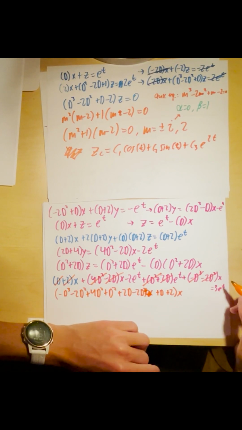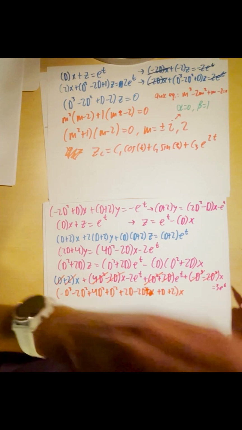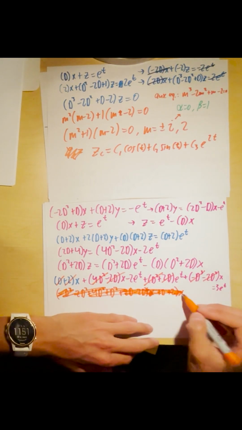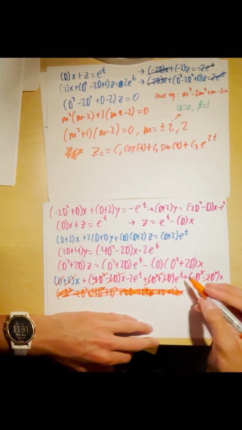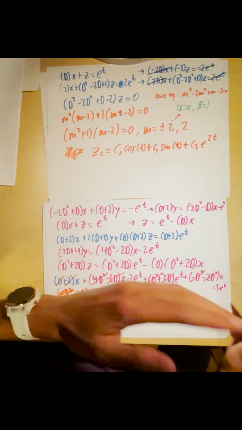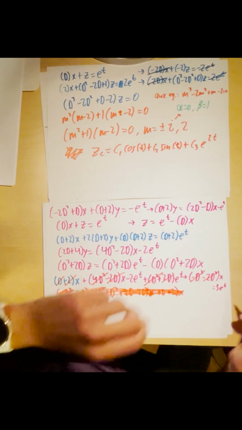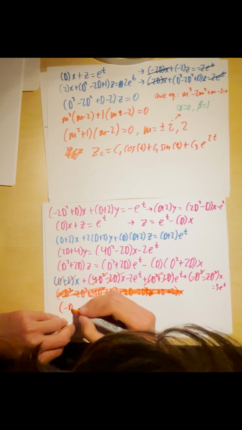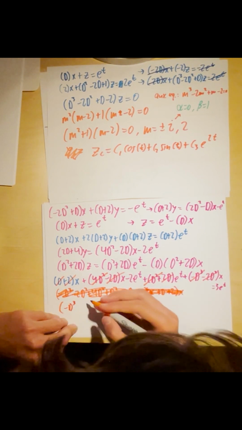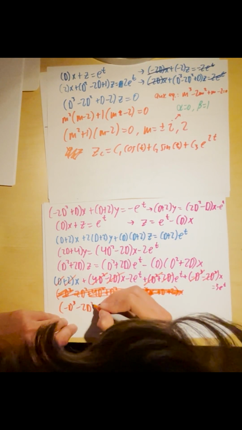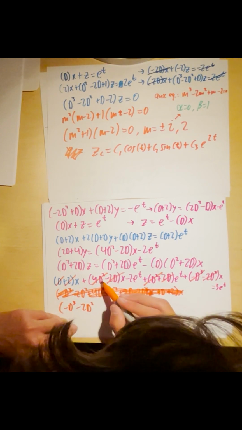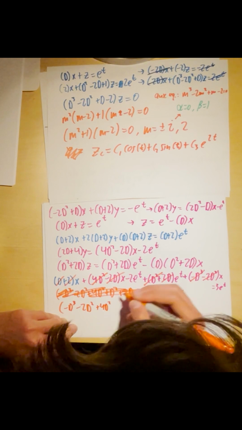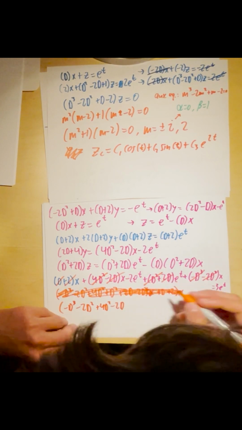Now, never mind. I made a mistake. It was right here. We can't add e to the t terms to the x operating on x. Let me redo this. Negative d cubed, that's in front of an x, minus 2d squared, that works too. Plus 4d squared, minus 2d.